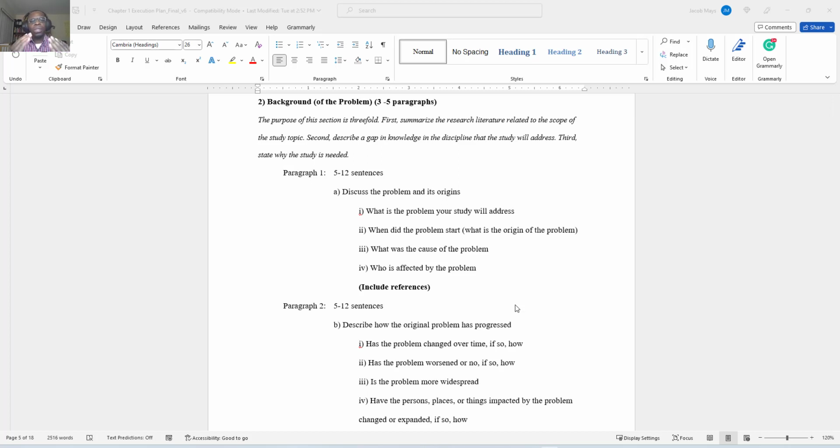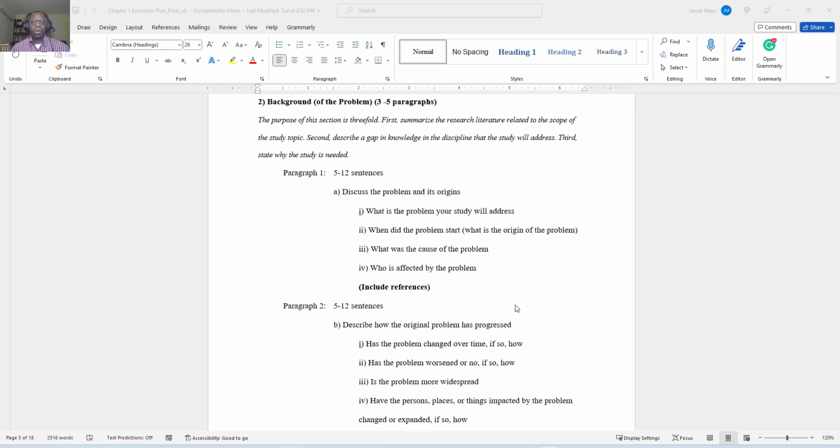Okay? So when we think of the background, we're essentially looking at this as a mini literature review, because it summarizes the major literature points in your study. So the first objective of this section is to summarize the research literature related to the scope of the study topic.